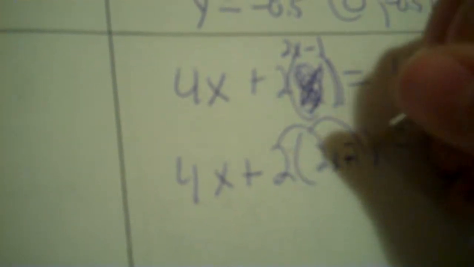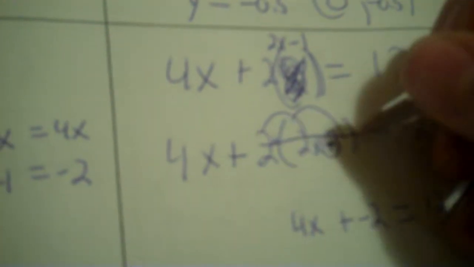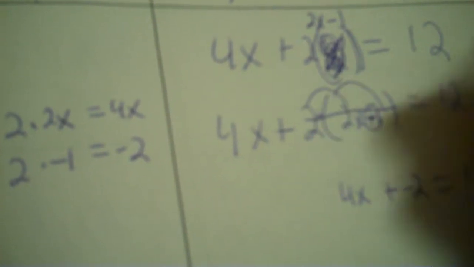So take that 2 times 2x times negative 1. So 4x negative 2. So line up your equals, you drop your plus down. 4x negative 2. Cross that out and you have to add the 4x from there.